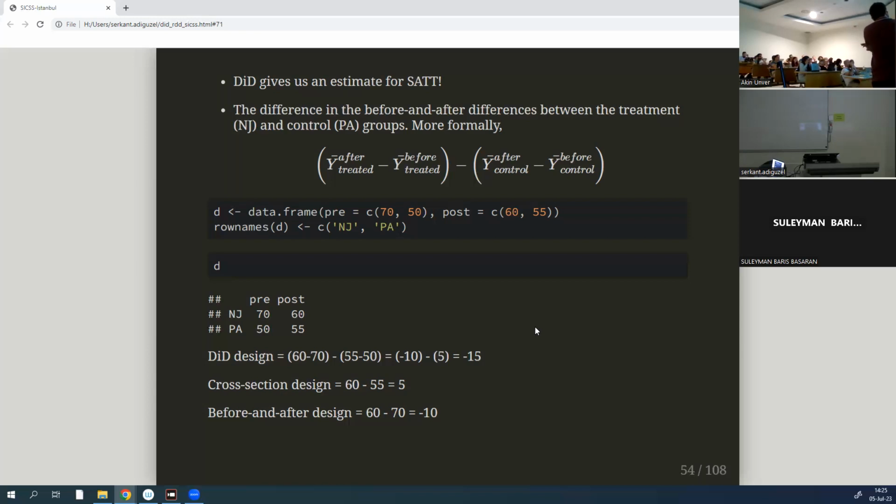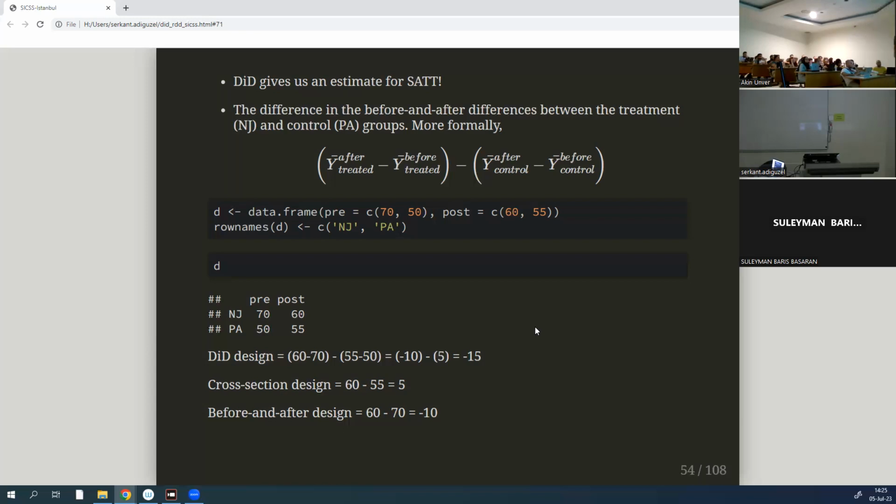The idea is that essentially it's the difference in difference between the two. And look how that's different from before and after. Why is there a difference of 5%? If you look at Pennsylvania after the minimum wage, because Pennsylvania is not treated, all these local factors are impacting employment in Pennsylvania in such a way that there is an increase of 5%, pre and post. This shows that if New Jersey was not treated, New Jersey would also have this 5% increase.